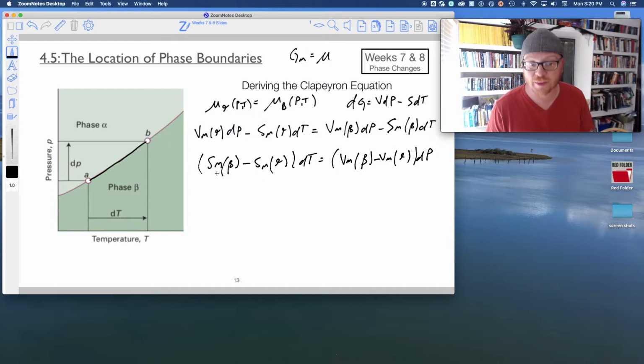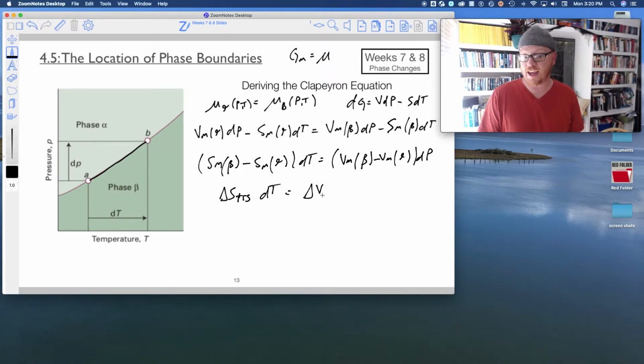And I will note that this SM of phase beta minus SM of phase alpha, I'm just going to call that delta S of the phase transition. So that becomes delta S dT, and this, of course, is delta V of the phase transition, dP.